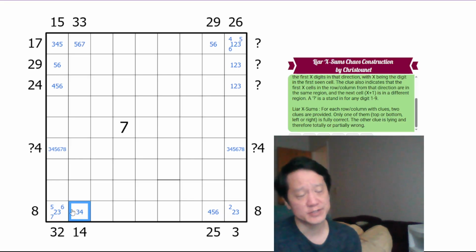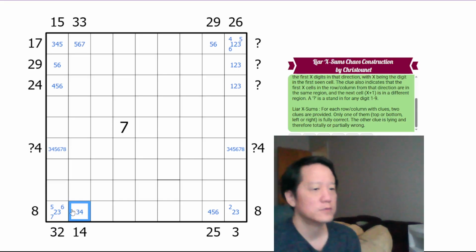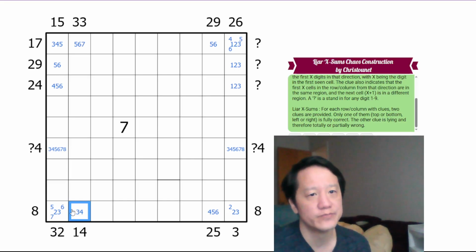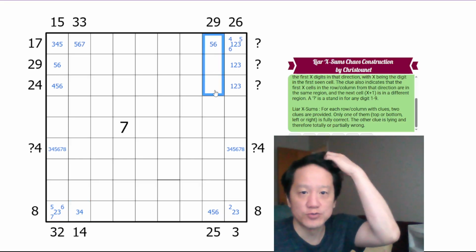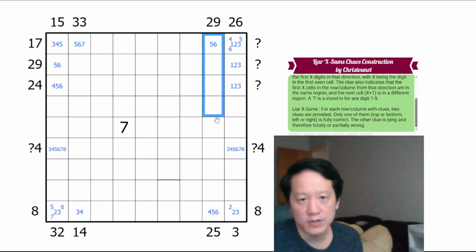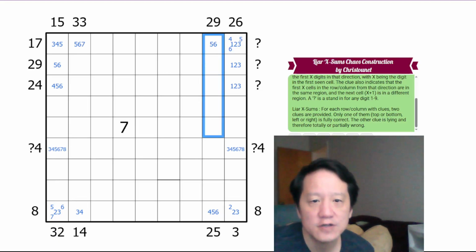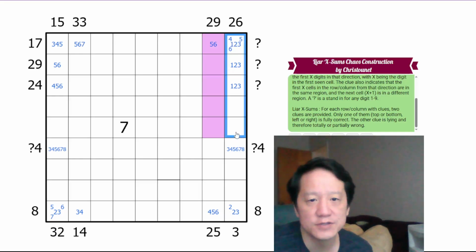They could both be potentially truthful. These could potentially both be truthful. How does that work? So this is 5 here, and this is 6, then this would be a different region.